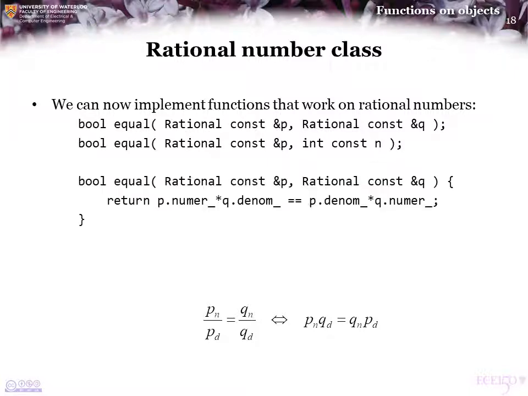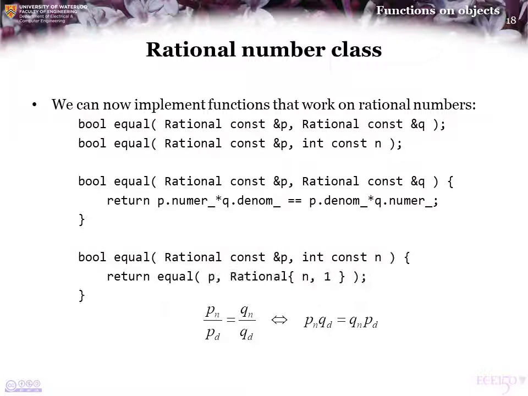This is something that we can implement in an easy enough manner, and consequently, we can also implement an equals function when comparing an integer simply by calling equals with the rational number n over 1 as a second argument.